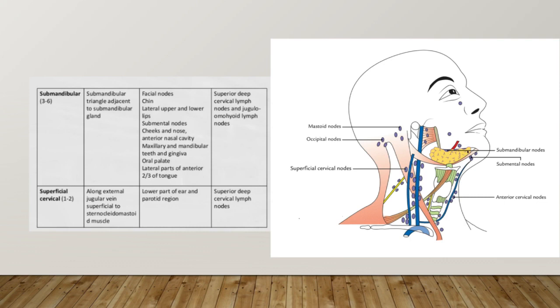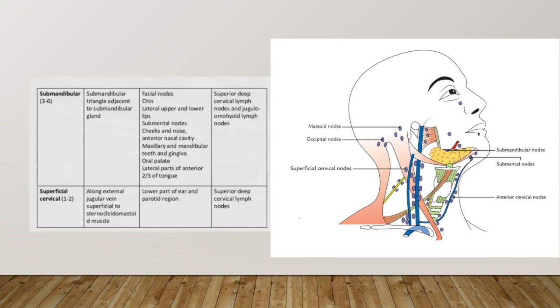The submandibular lymph nodes get their drainage from the facial nodes, as we said earlier, the lateral part of the chin, the lateral part of the upper and lower lips, from the submental nodes, from the lateral part of the cheek, the nose, anterior part of the nasal cavity, the gingiva, the palate and the anterior two-thirds of the tongue.